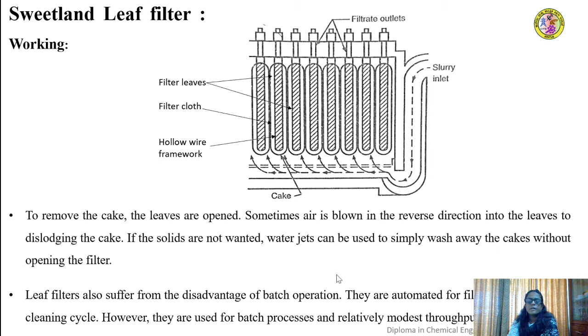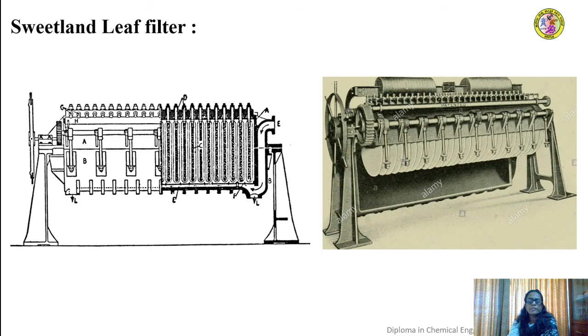We cannot carry out the process automatically with simultaneous washing and cleaning cycles. However, with the batch process, they can give you a performance with relatively modest throughput.